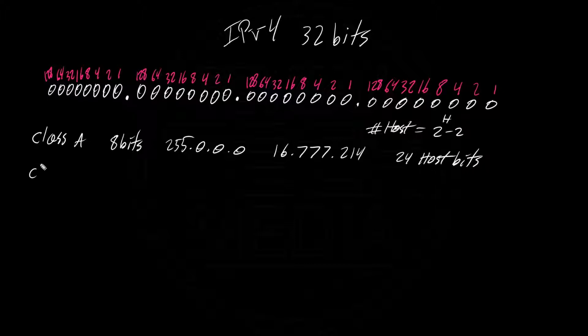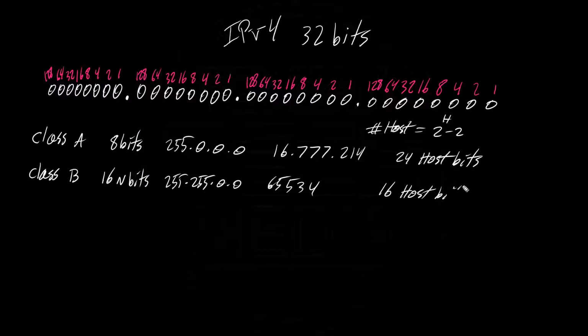In class B, we have 16 network bits, and the default subnet mask is 255.255.0.0. And the available IP addresses are 65,534, because we have 16 host bits as well.